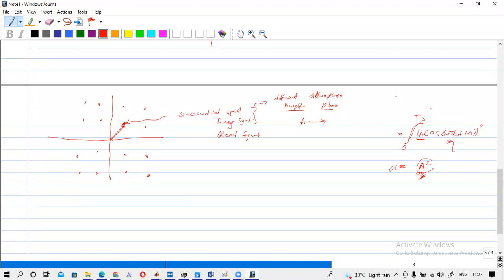I said that this angle will refer to the phase of this sinusoidal signal, and this distance will refer to what? It is referred to the amplitude of the signal. Correct. So this distance will refer to the amplitude of the signal.